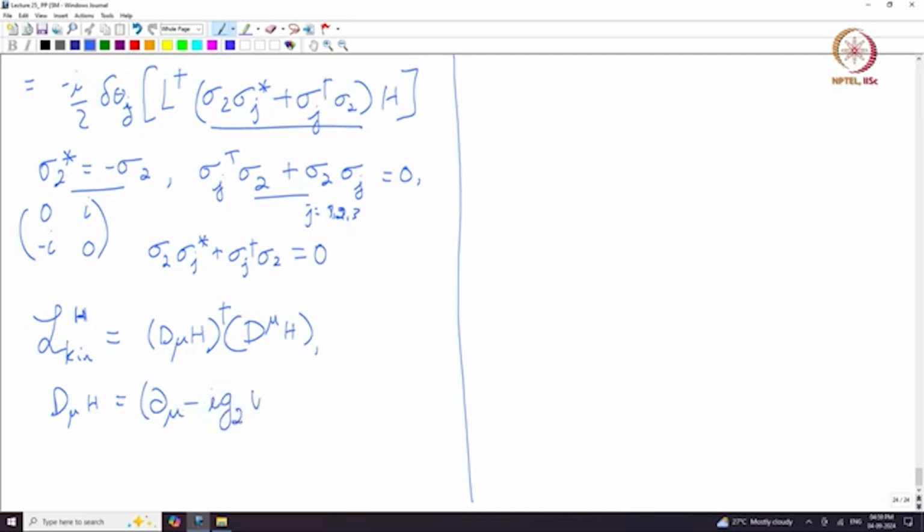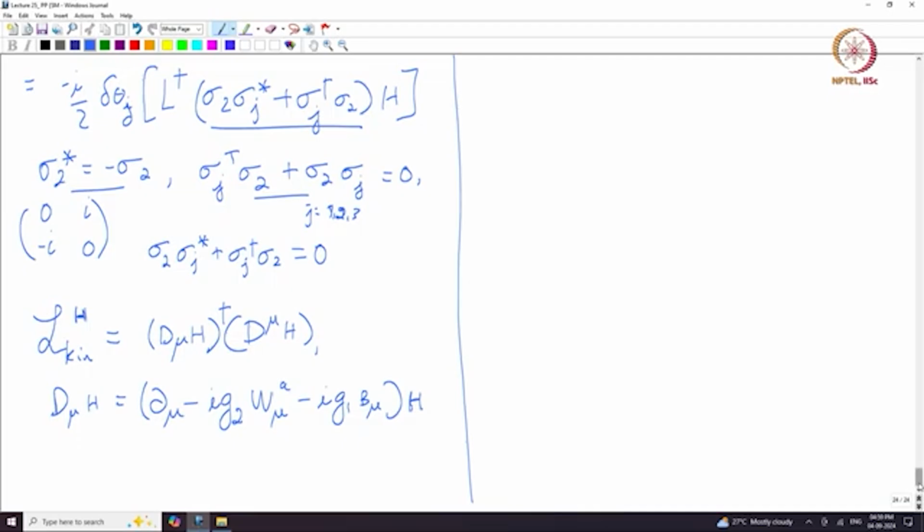There is a G2 because it is a doublet, and it also is charged under hypercharge, and the hypercharge is 1, so I am just writing a 1 here. Fantastic.